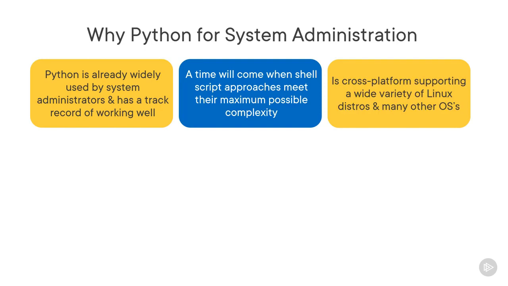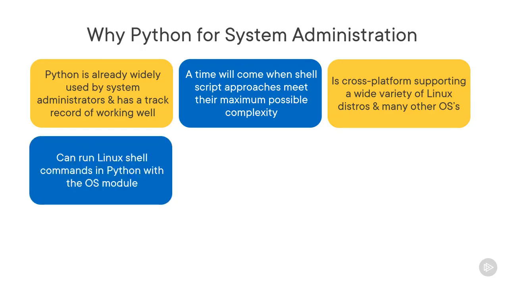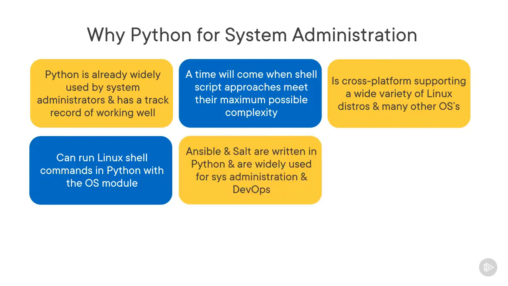It's cross-platform, so it supports a wide variety of Linux distros as well as other operating systems. You can run Linux shell commands in Python with the OS module. So if you have Linux shell commands that you still need to run for whatever reason, you could do that in Python as well.